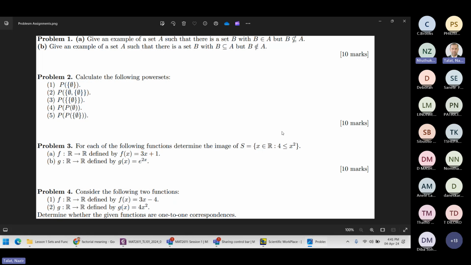You can make many examples in that form. Also the next problem is regarding the calculation of power sets.